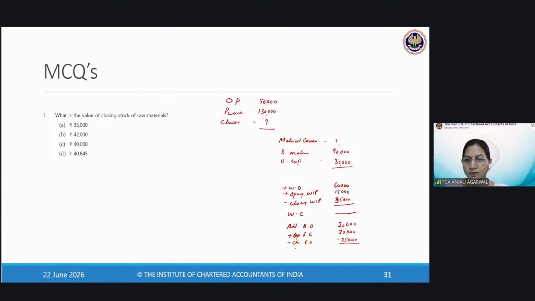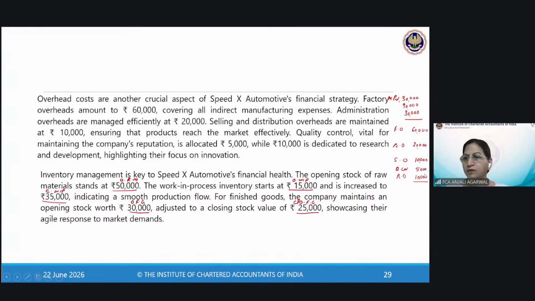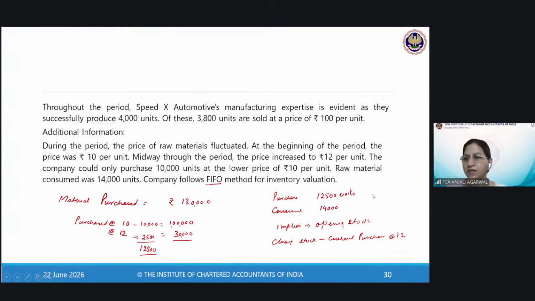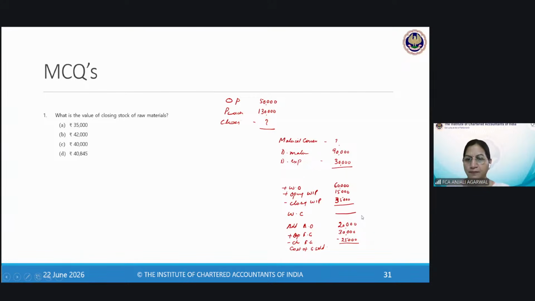So this is your total cost of production, cost of goods sold. And to this, we will add the total of 25,000 of selling expenses. And then you will have sales and profit. All right. Is it clear?